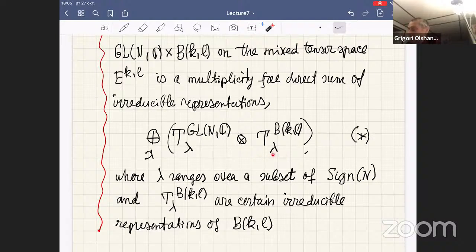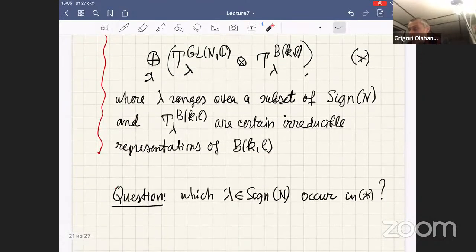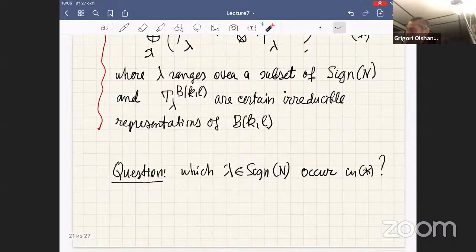We don't know yet what these representations are, but we only conclude they exist, some representations of this semigroup. And a delicate question is which lambdas are present here, occur in this decomposition. It's not clear.